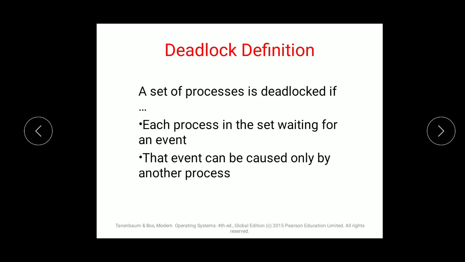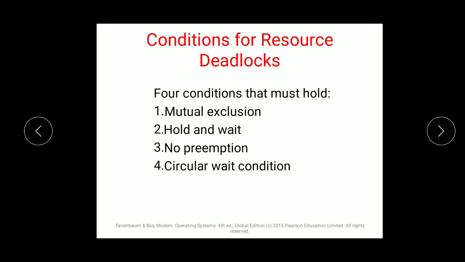So all the processes are in a waiting state, and that event can be caused only by another process, because of whom they are waiting. Because of the D process they are waiting, and because of this there is a deadlock. These are the conditions why deadlock occurs: it is waiting for another process to complete its task, and that is the reason the deadlock situation can occur.